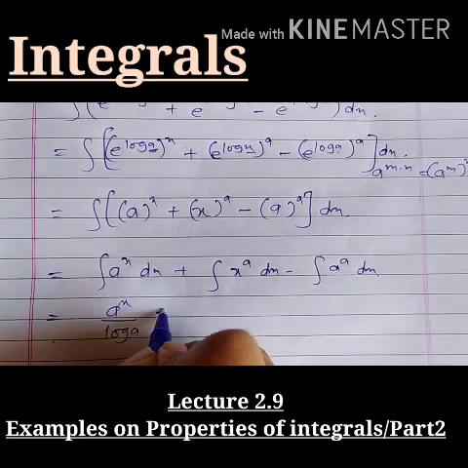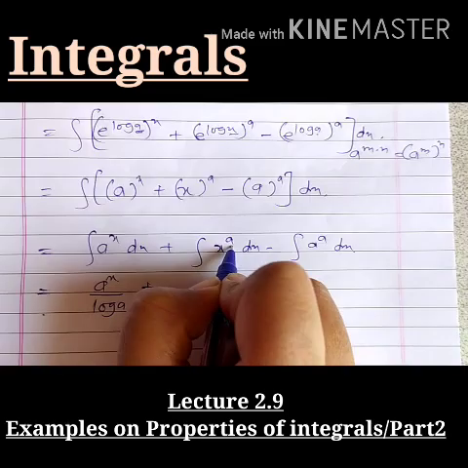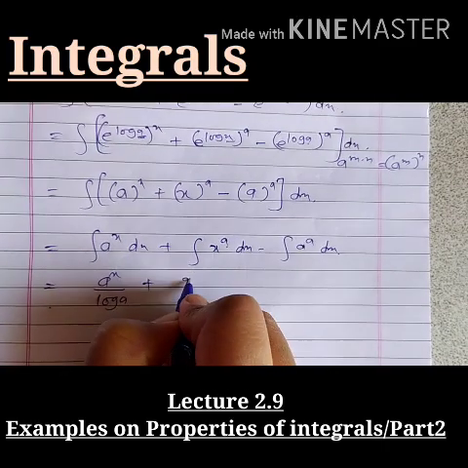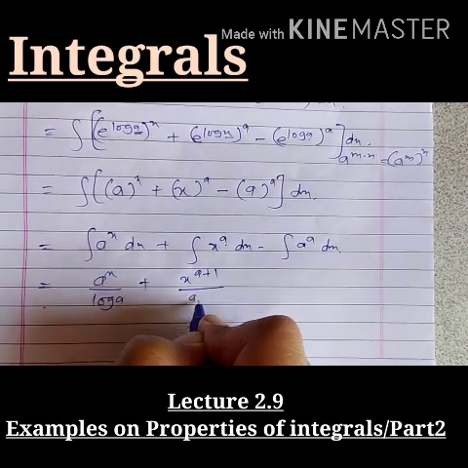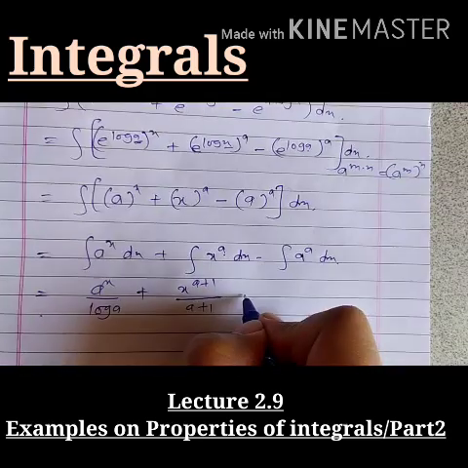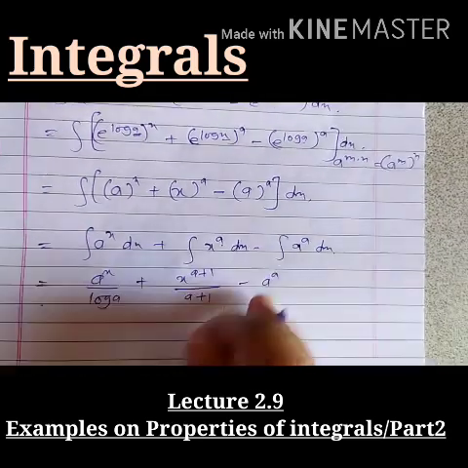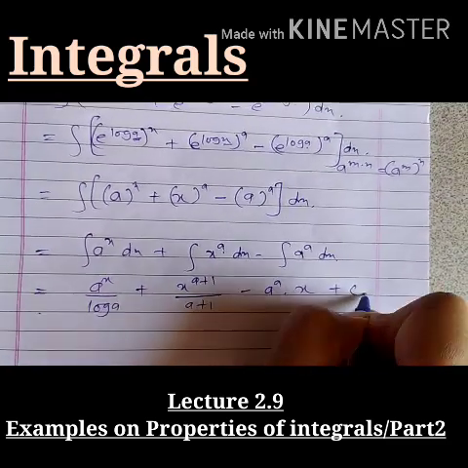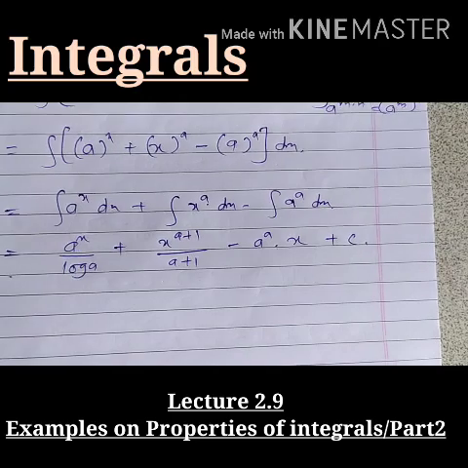Understood? Plus now a is a constant here, we can treat it as n. So we can use the power rule, so it will be x raised to a plus 1 upon a plus 1. Now a raised to a will be a constant, so it will come out: minus a raised to a, integration of 1 will be x, plus c. Understood? Any doubt in this?